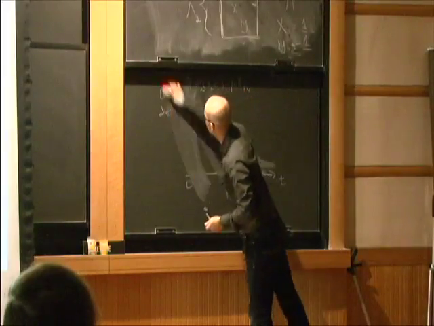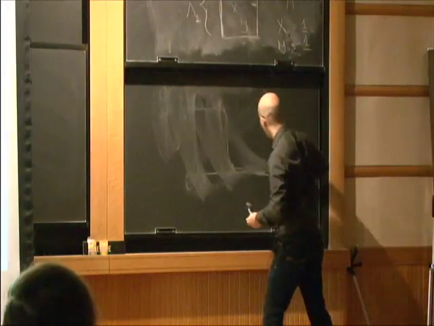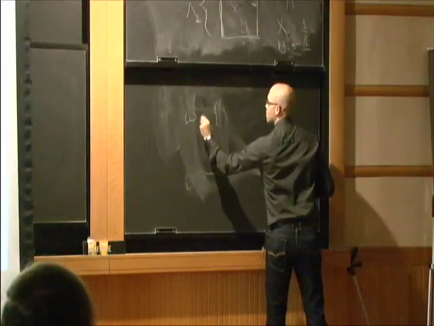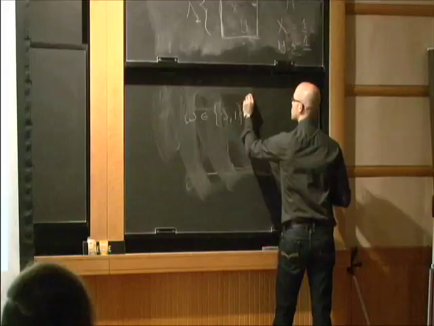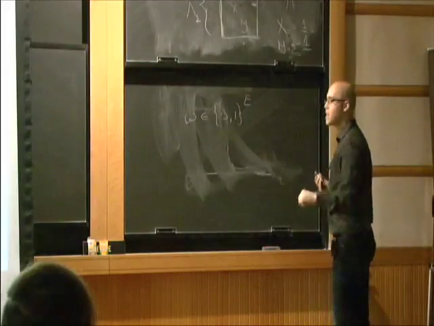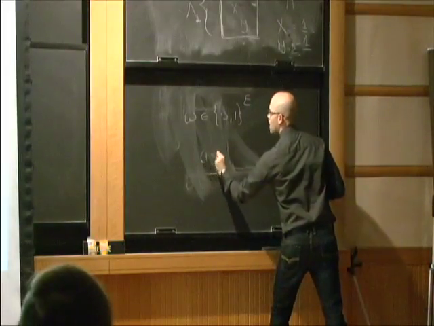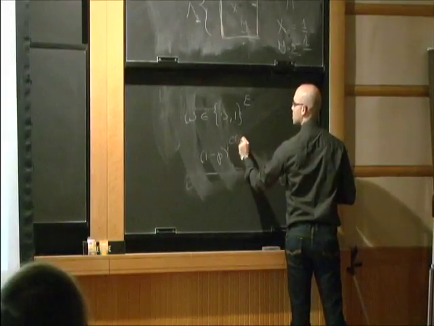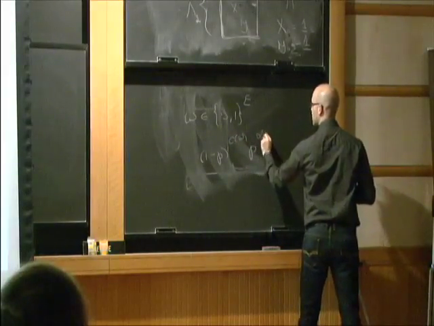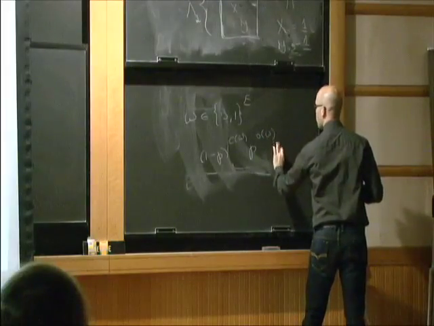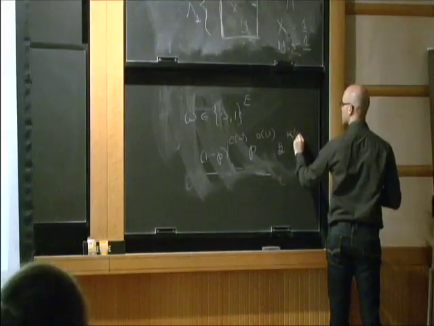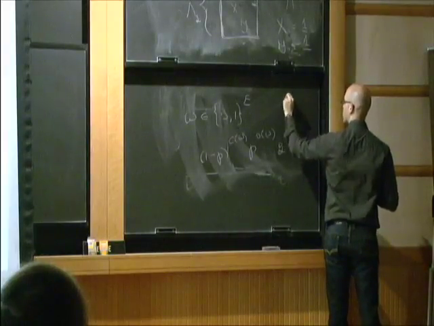Remember that in the FK configuration, we had omega giving 0 and 1 values to the edges, and the probability was proportional to (1 minus p) to the number of closed edges, p to the number of open edges, and q, which I'm writing now as 2, to the number of components.